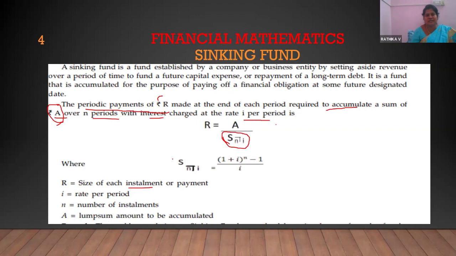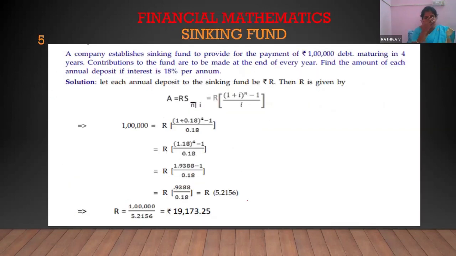You will be asked to use this one single formula in many questions on the sinking fund, and it is given in the sample paper this year under a 4-mark question. The calculation part is mostly very lengthy. I have taken 2 questions which are very direct.